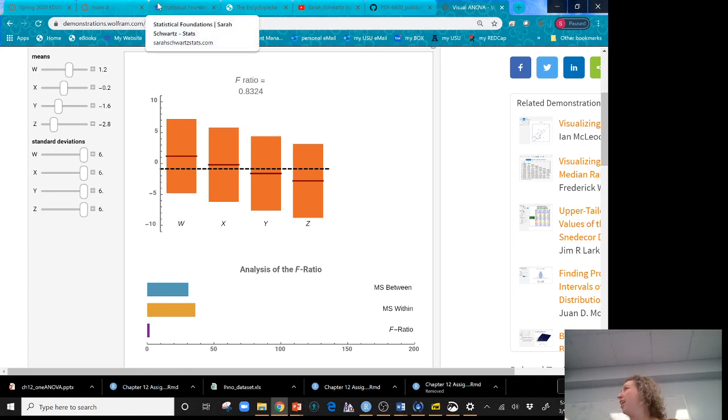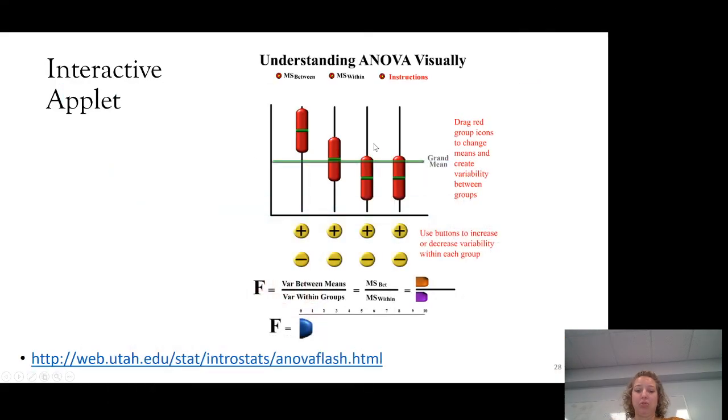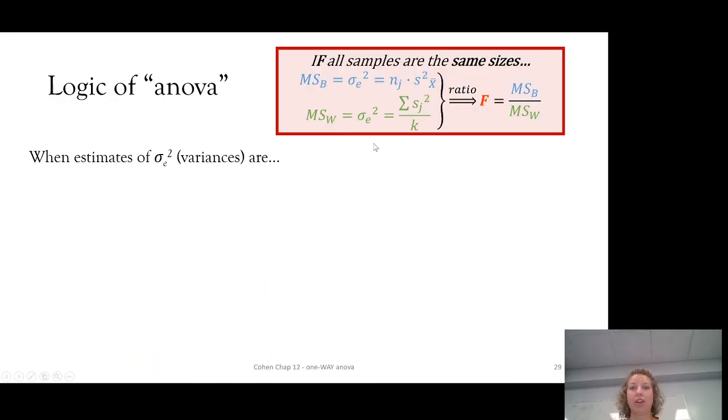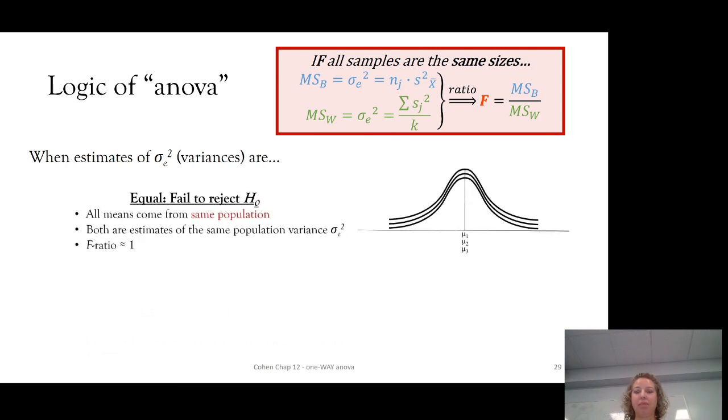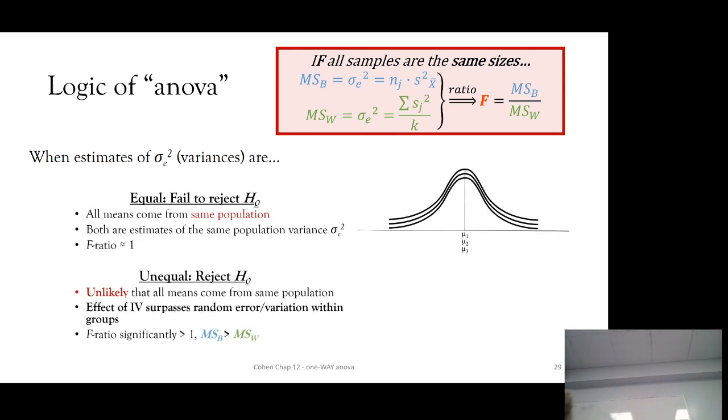Does that picture help? I like the picture. I'm a picture person. Okay, so here's a picture. If all 3 of the groups have about the same center, our F ratio will be 1. If our groups are identical, the F ratio is 1.